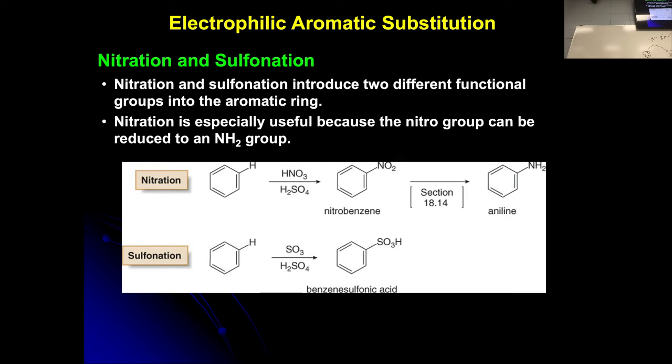NO2, NO2, NO2. Looks like a little harmless molecule. It is not. Many people have died trying to make it. The first nitro is not too bad. Second nitro, it's a little explosive. The third nitro, if you look at it wrong, it'll detonate. It's pretty nasty stuff.